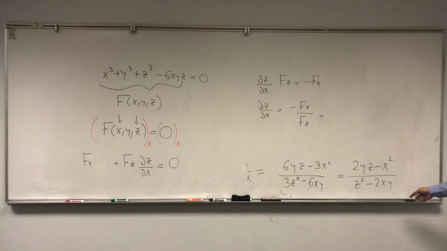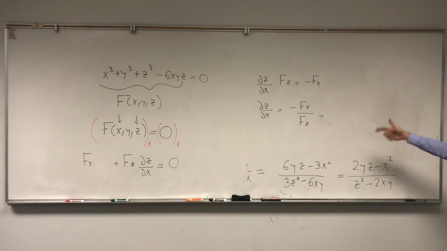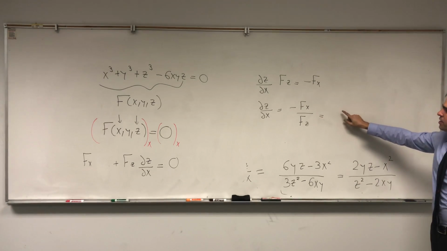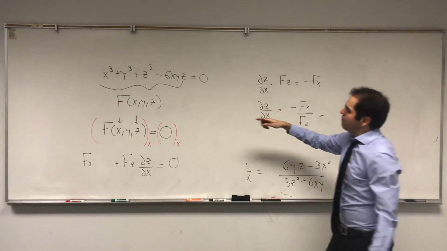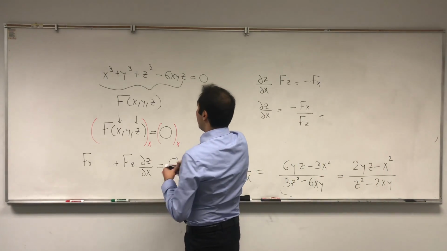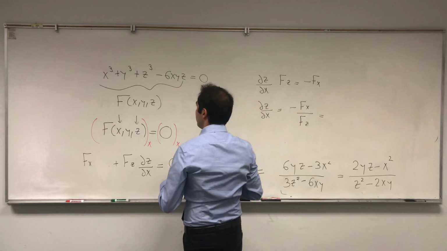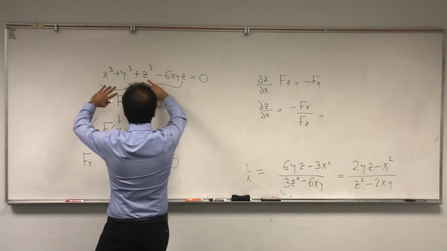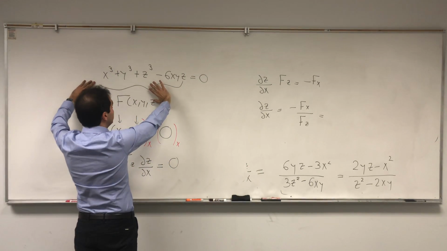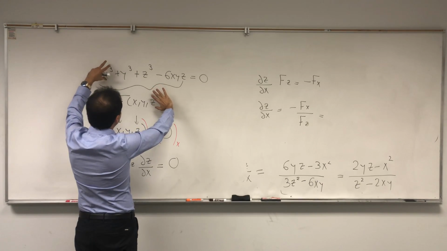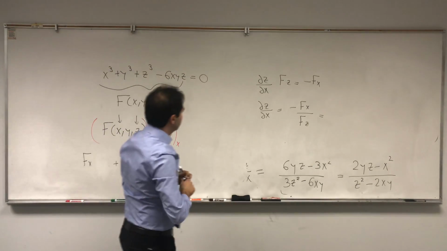So in other words, another way of obtaining dz over dx is simply by differentiating this with respect to x and with respect to z. Taking the partial derivative of f with respect to x, you get 3x squared plus 0.